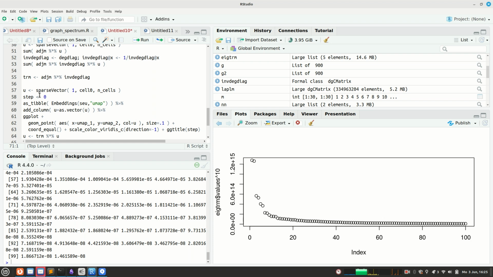dA_i by dt is minus c A_i lambda_i, and that, of course, is now a very simple equation. The change in this coefficient A_i is proportional to itself, so A_i of t is A_i of t naught times e to the minus lambda_i c t.